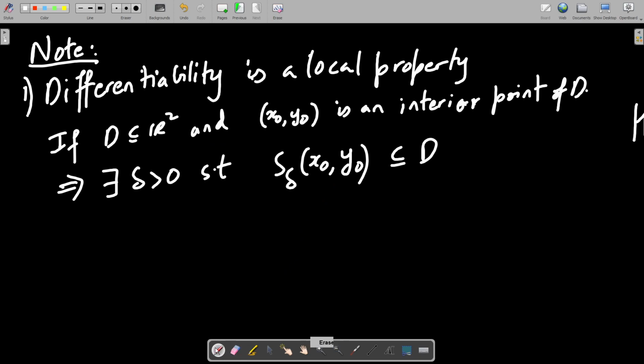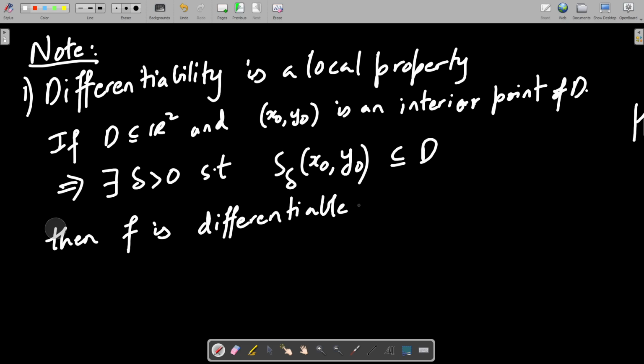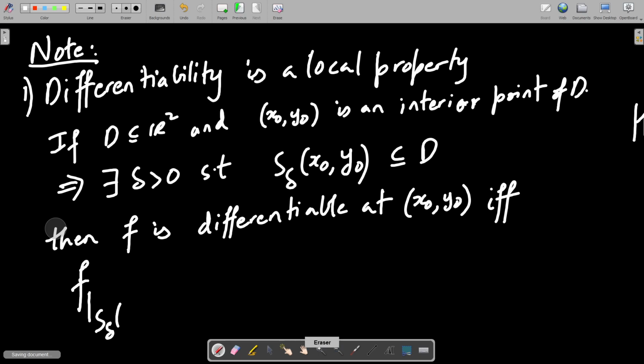Then f is differentiable at (x0, y0) if and only if the restriction of the function to S delta (x0, y0) is differentiable.